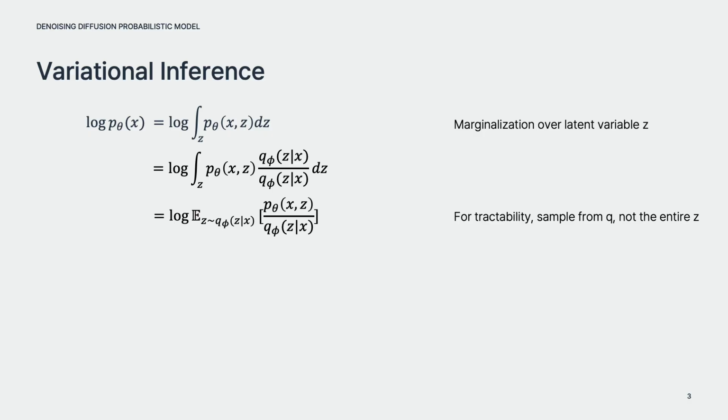So we instead sample the latent Z from some Q and take an expectation over the sampler Q. Again, for tractability, we use Jensen's inequality, and this expectation becomes the objective of variational inference.